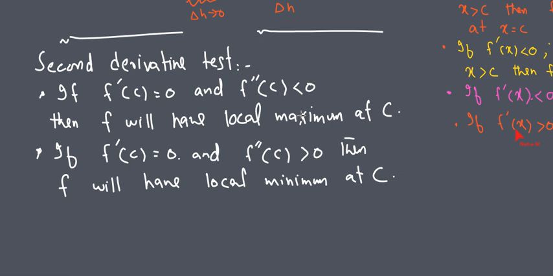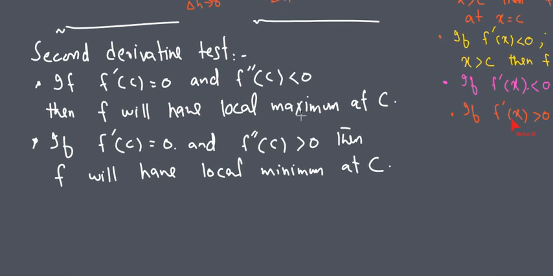Now there is another possibility: at a point, when I take its first derivative it is 0, and at that point its second derivative also becomes 0, right?